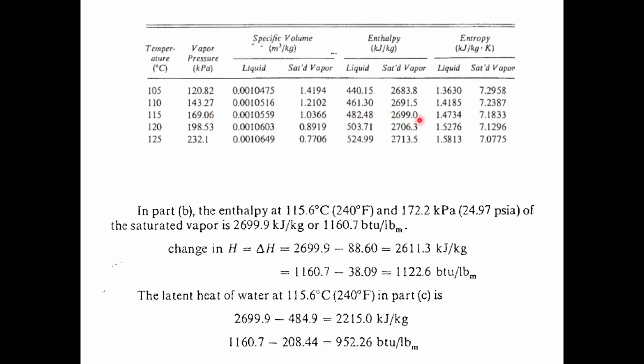One value is closer to 482, and the other is closer to 2699. The difference provides the latent heat of vaporization at that temperature. I hope these examples clarify how to use the steam table.